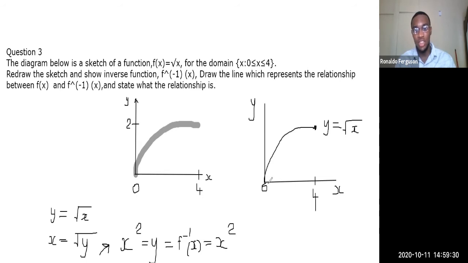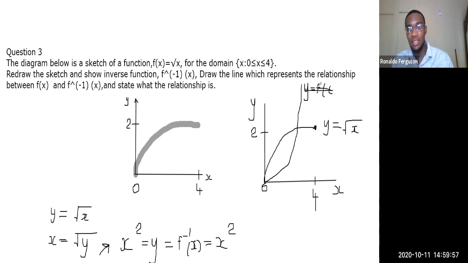And then the inverse function, wait, this is the point 2. Then the inverse function goes something like this. And this will be the graph of y equal to f inverse of x, which in this case is x squared. So this is where y is equal to x squared.